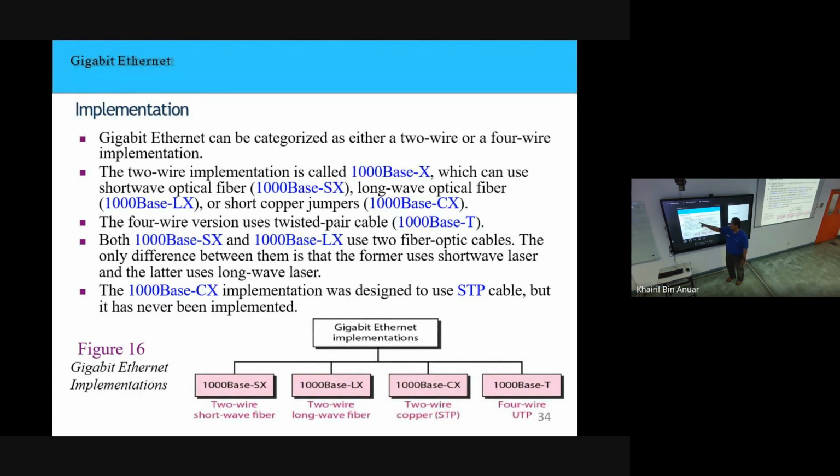Then you have the base T, which uses 4 wires, the same as base T4 on Fast Ethernet. Then you have the SX and LX, which are for short wave fiber and long wave fiber. So these are the different medium standards for Gigabit Ethernet.